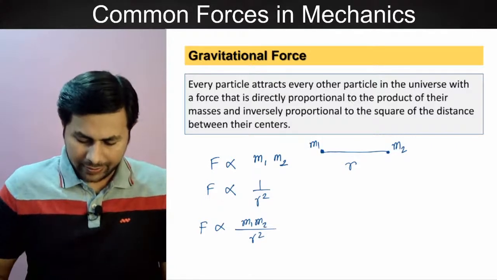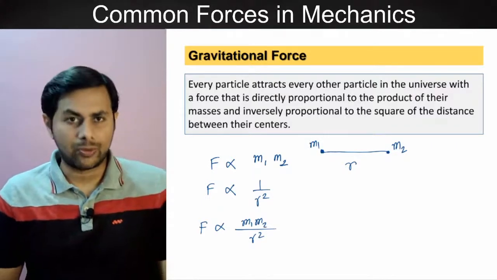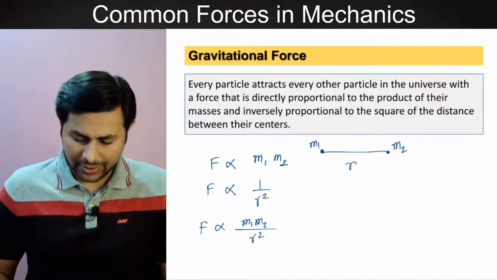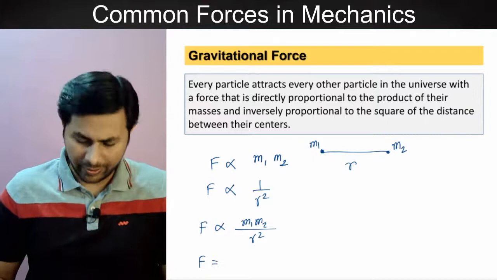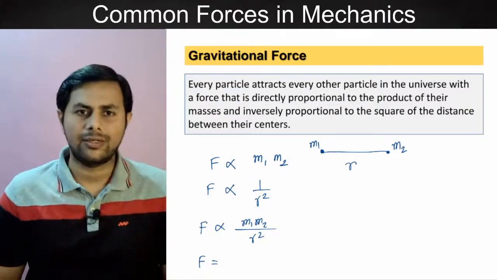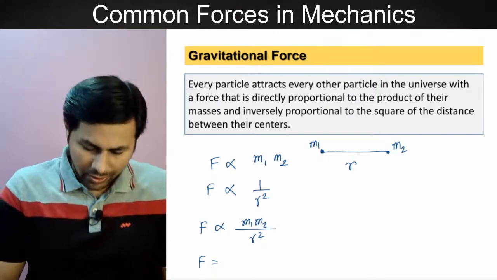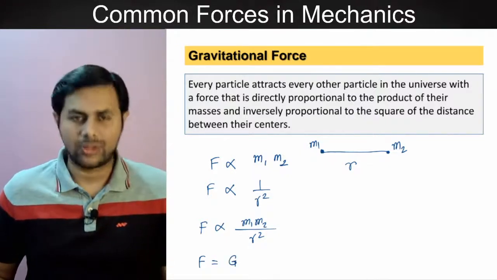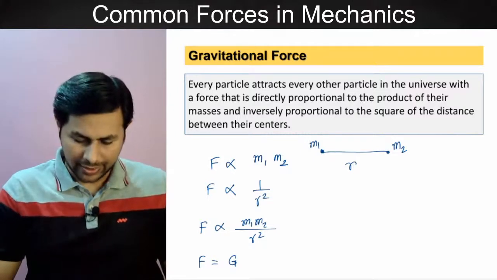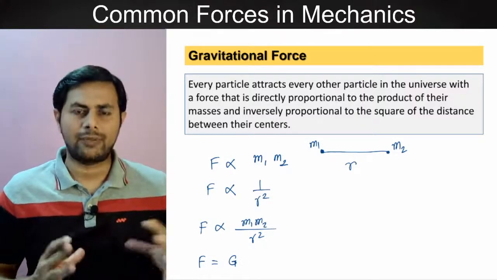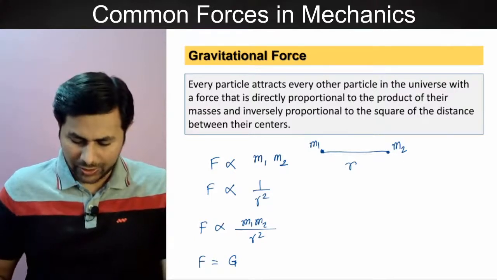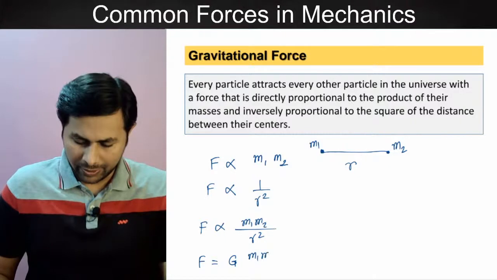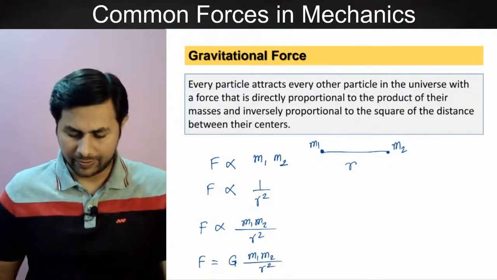and if we remove this proportionality sign, an equality sign will come in, sorry, a constant will come in. So if we remove this proportionality sign and put an equality sign, a constant will come in. The constant is known as the universal gravitational constant, and it is denoted by the letter capital G. Okay, so F is equal to G times m1 m2 over r squared.